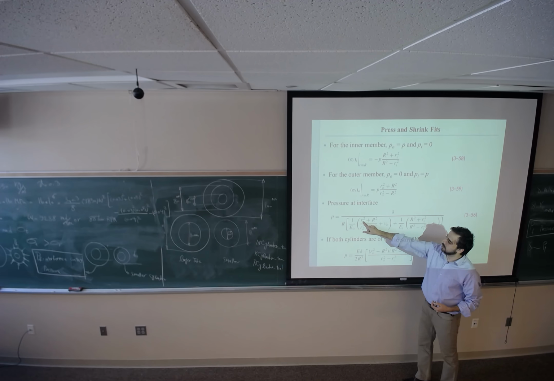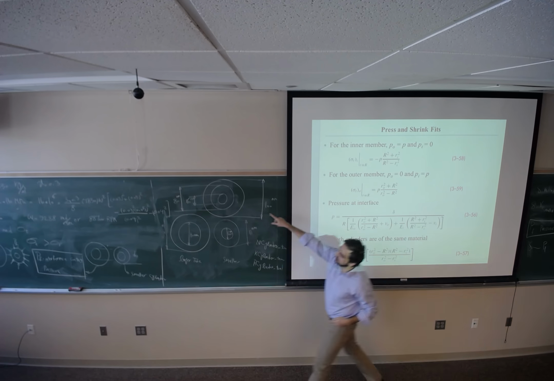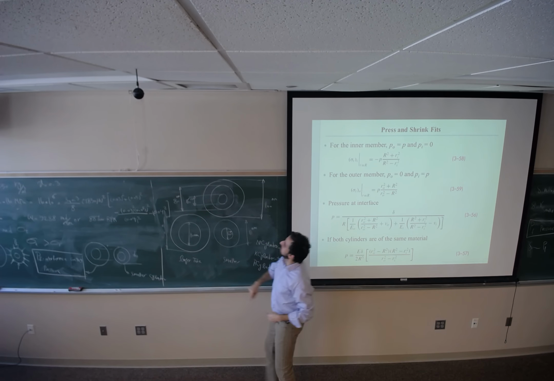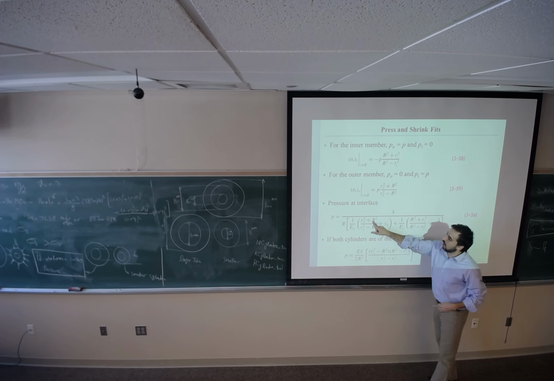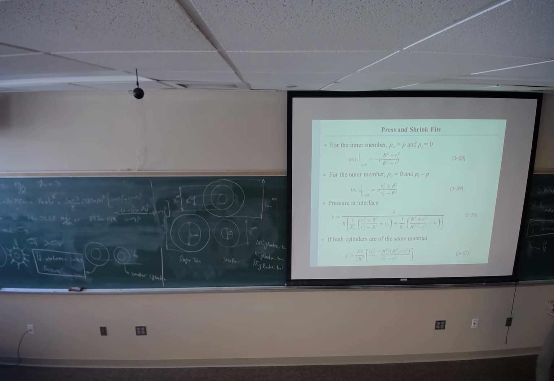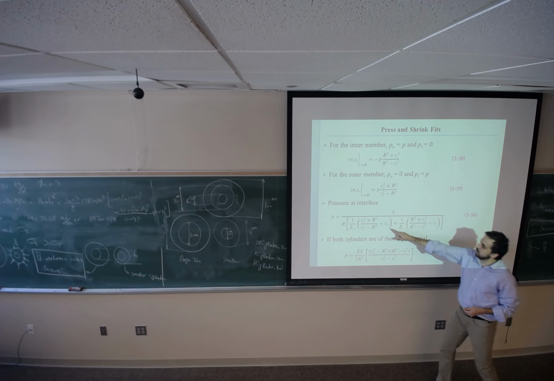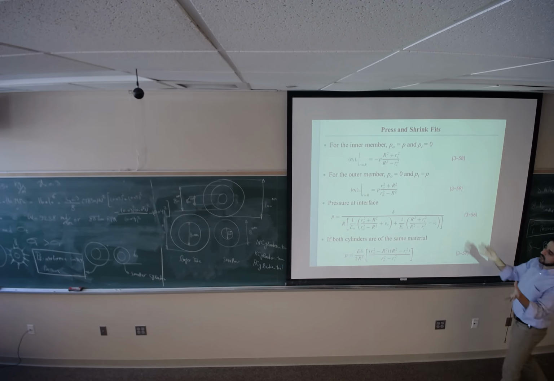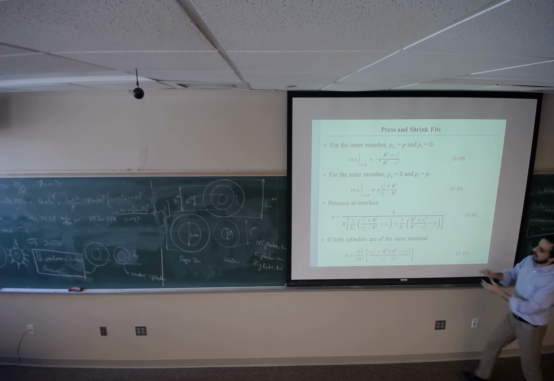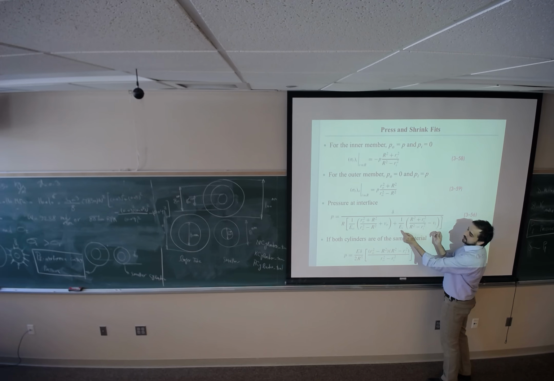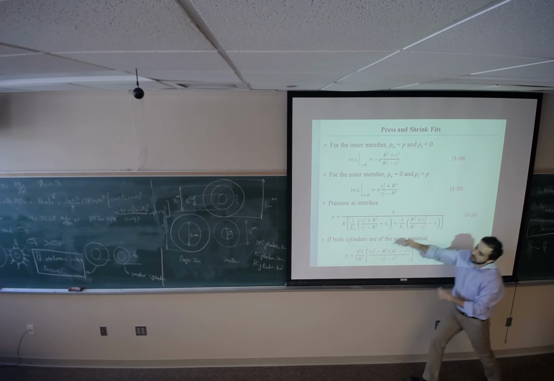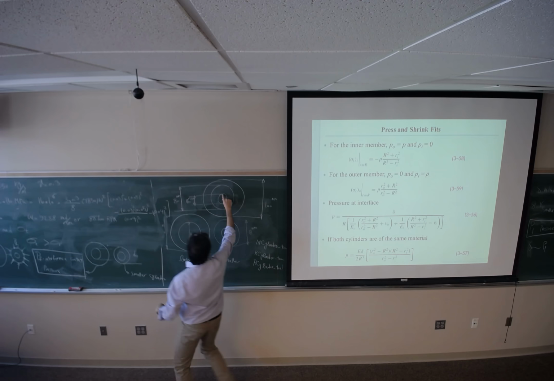RO is the outer radius, which is 50. R again is the radius at the contact surface. Mu is the Poisson ratio for the larger component, and this side is for the smaller component. EI, R, RI. RI is this, which is 30.